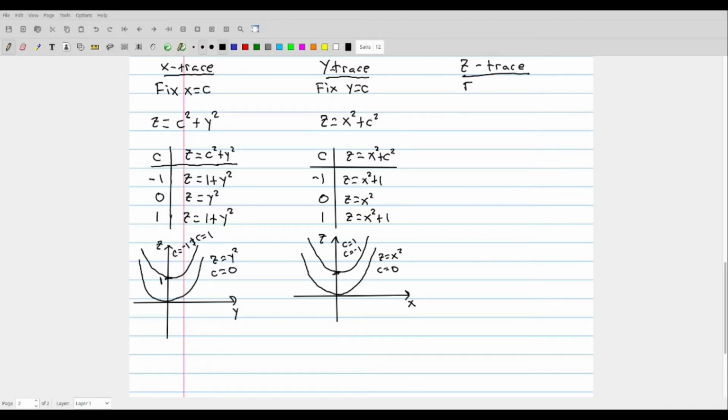So the last trace that we have to do here is the z-trace. The z-trace, just like the other two, is going to be when we fix the value of z. Sorry, we fix the value of z equals c, which gives us that c is equal to x squared plus y squared.